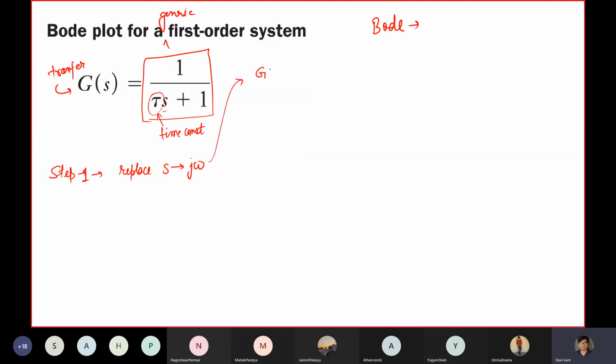So G(j omega) reads as 1 upon tau j omega plus 1.